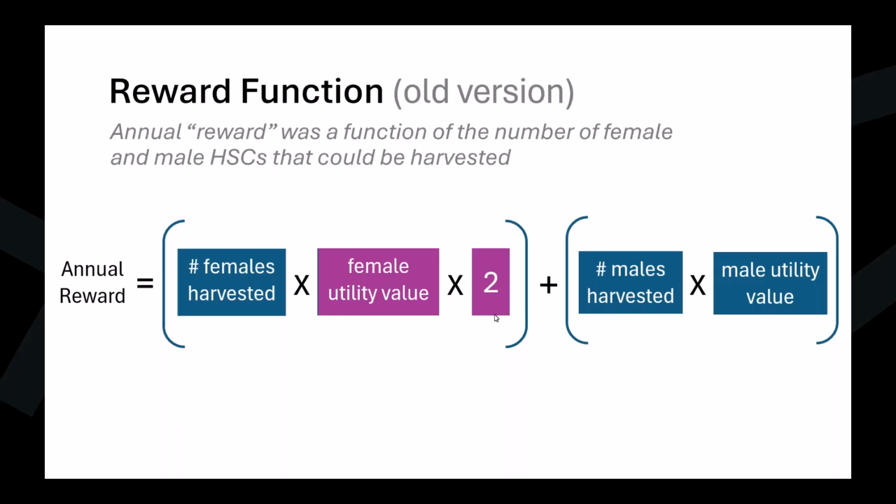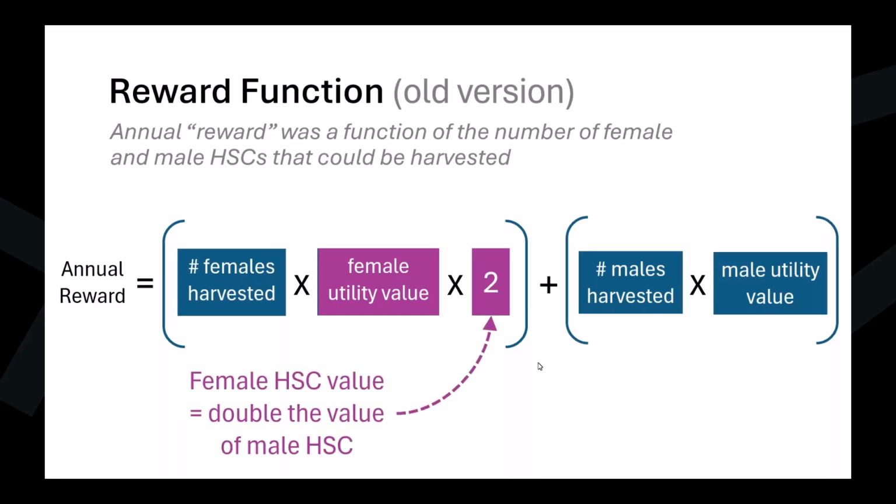And then we multiplied female harvest by 2, because at that time, at least, on the sales market, females were just more valuable. Fishermen believed or argued that females are a better bait source, and that you could sell them for a higher price than you could males.